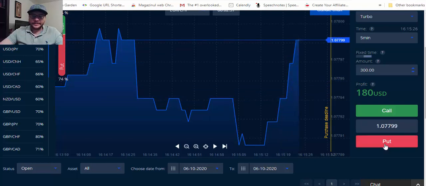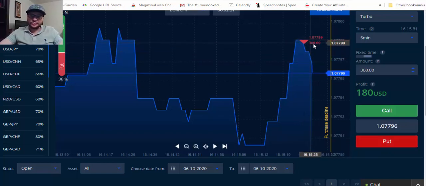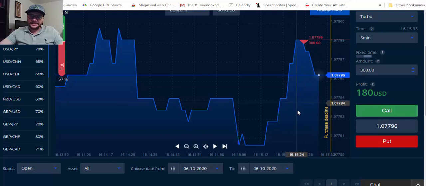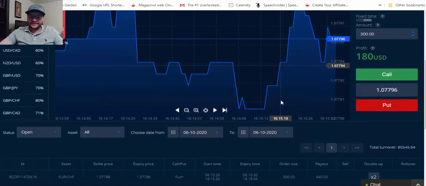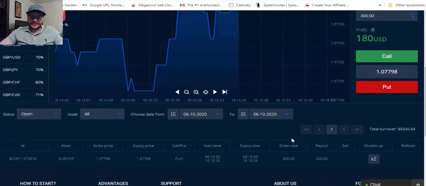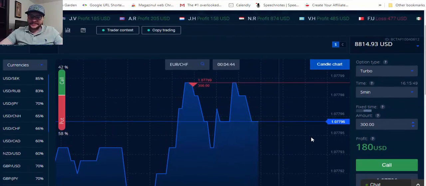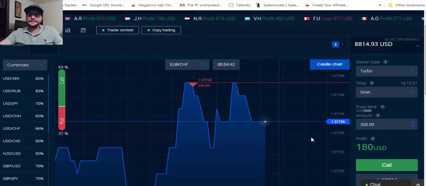Okay, put, and let's see what will happen. So we should be below this line at the end of the 5-minute trade, and here we have the trade Euro Swiss franc, and the payout will be $540. So let's wait and see what will happen.